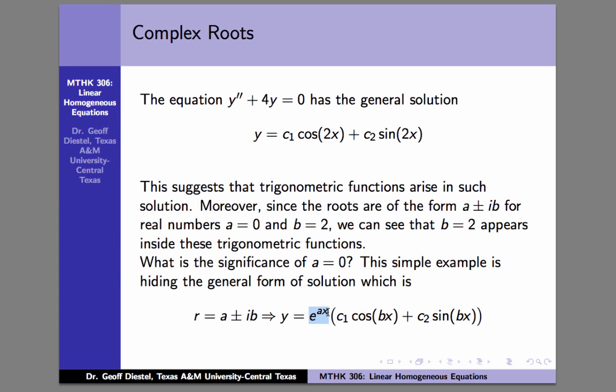Remember, exponentials have always been arising as part of the solutions when we had a real root, and a is the real part of these roots. So it's somewhat natural to expect that this arises as part of the solution, and it does. So what's really happening here is the real part of our root, the a, is still giving us the exponential part of our solution. But since we don't have repeated roots, we're not just putting on different power functions.